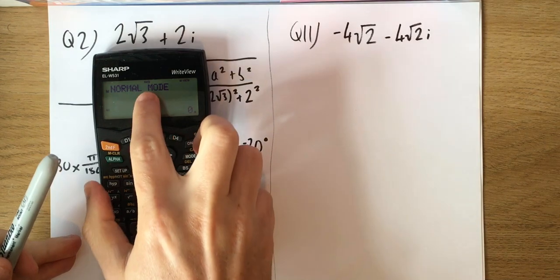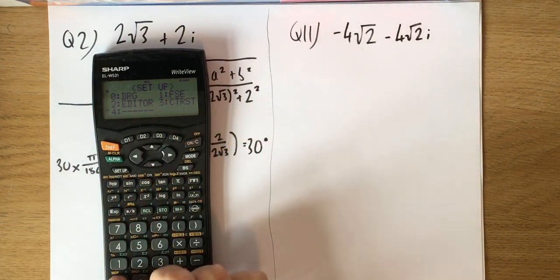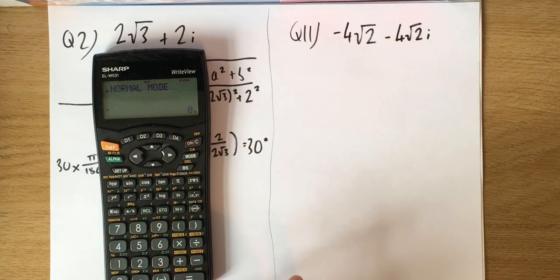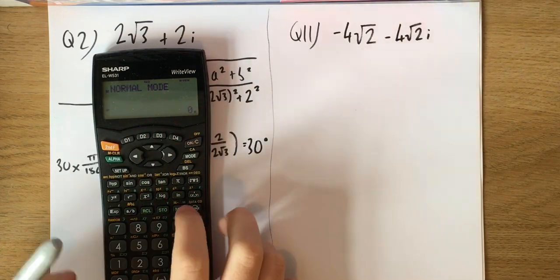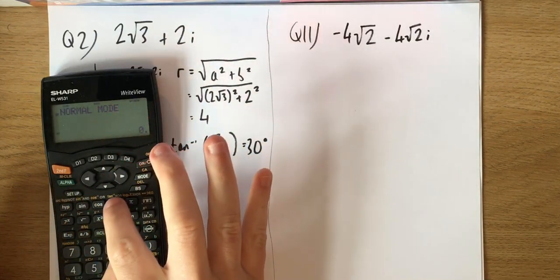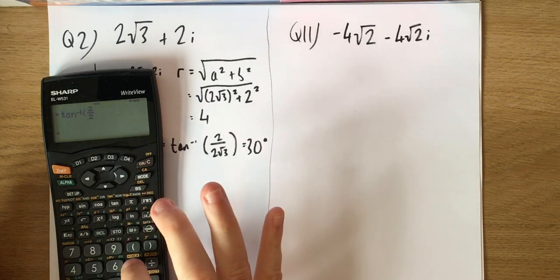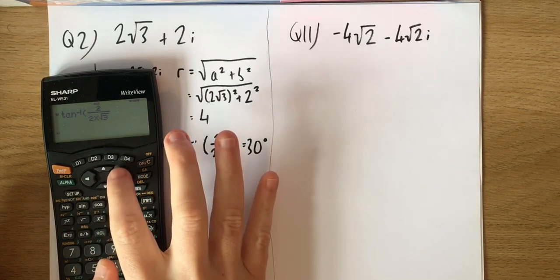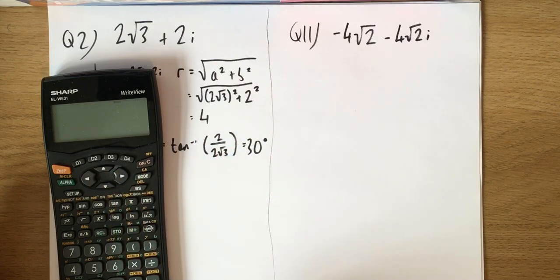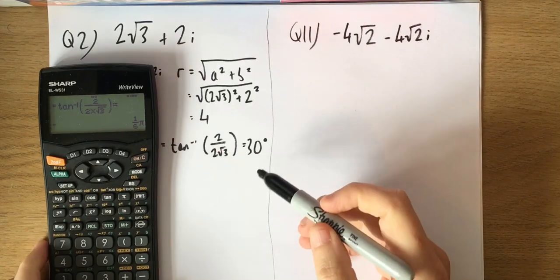My calculator is set to radians mode now because I did that, but set up 0 for DRG and then pick 1 for radians. I'm in radians mode now, so if I did second function tan inverse of 2 over 2 root 3, I would get 1 over 6 pi radians as well.